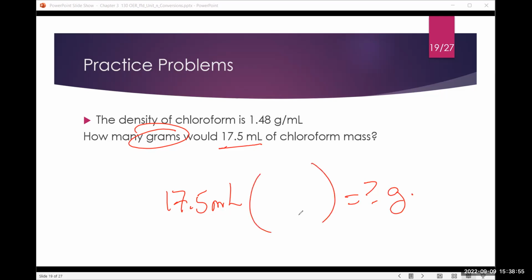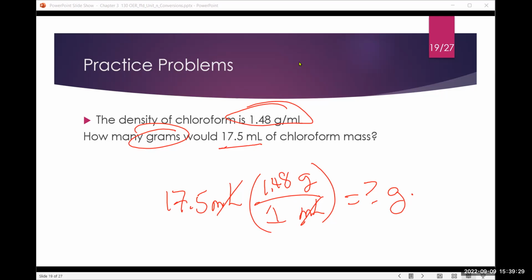By following the units, you can set up your conversion factor correctly. We want milliliters in the denominator and grams in the numerator, because we want milliliters to cancel. Therefore, I simply multiply the 17.5 milliliters by the density, giving me the number of grams of chloroform.